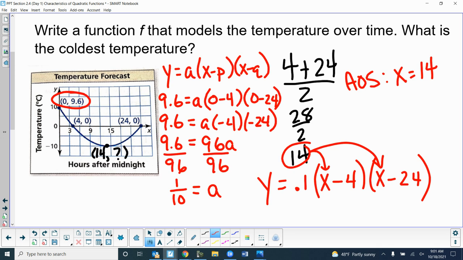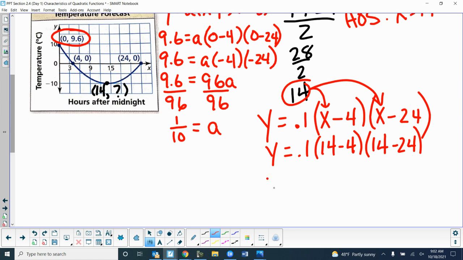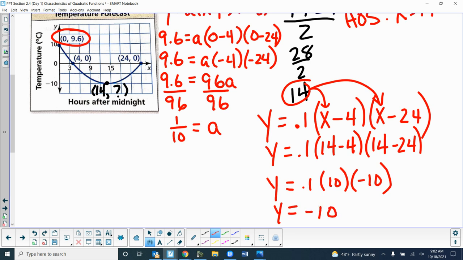So, 0.1, 14 minus 4, and 14 minus 24. All right, so that's 0.1 times 10 times negative 10, which equals negative 10. So, what's the coldest temperature? Negative 10 degrees Celsius.